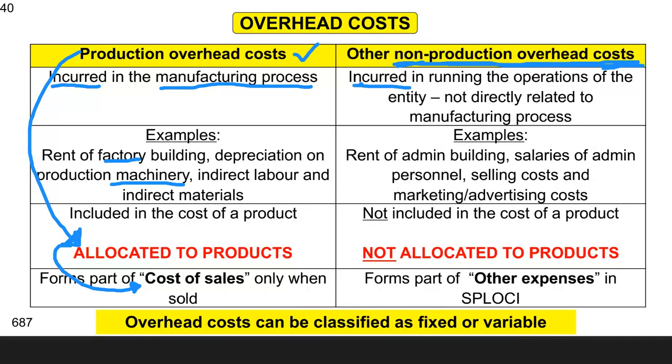Now, because we've done all of that work on revenue, and cost of sales is going to be used to calculate this other figure called gross profit, we also need to be careful about what we put into cost of sales. We can't just put everything into cost of sales. So this exercise that we're doing here, where we're splitting the indirect costs between production overheads and non-production overheads, is where we're actually trying to protect that cost of sales.